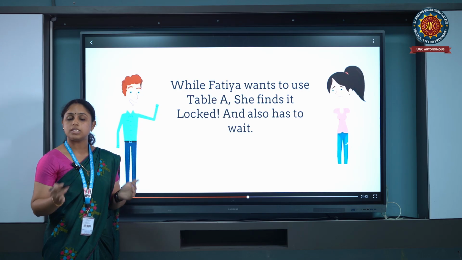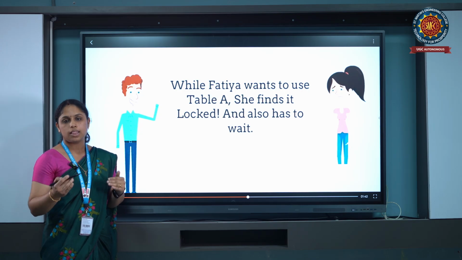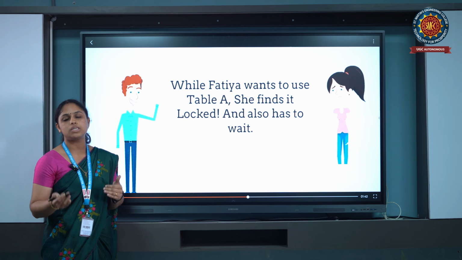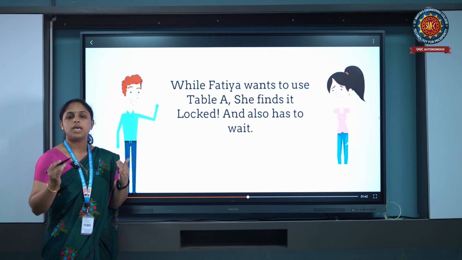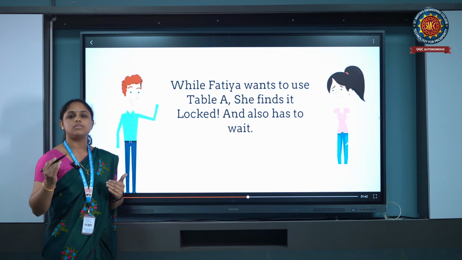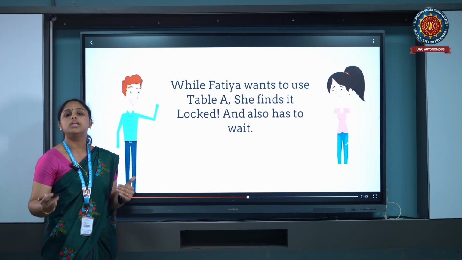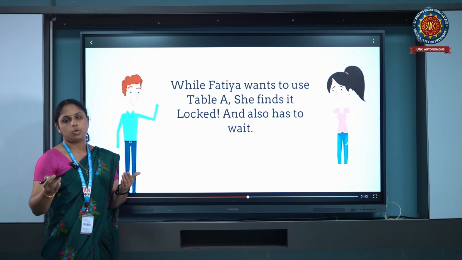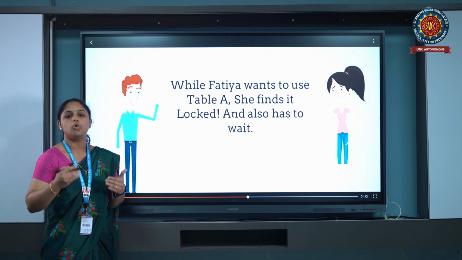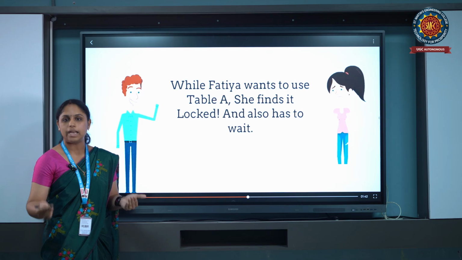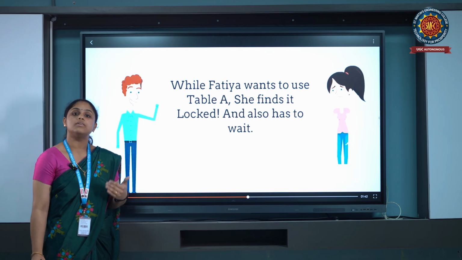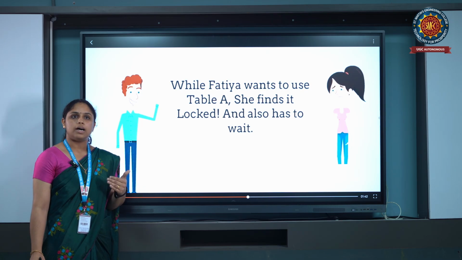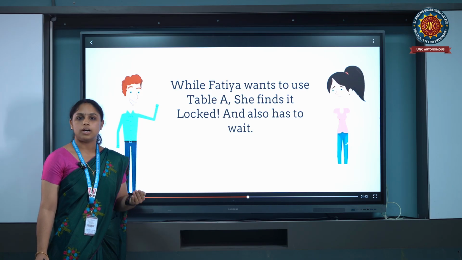If they want to continue eating, they need both the fork and the spoon, but there is only one fork and only one spoon. So both cannot continue eating and have to wait for the other. Nobody has yet started eating. This is another deadlock situation in real life.